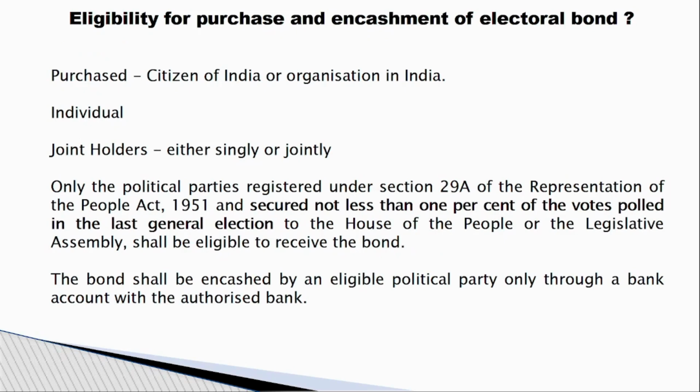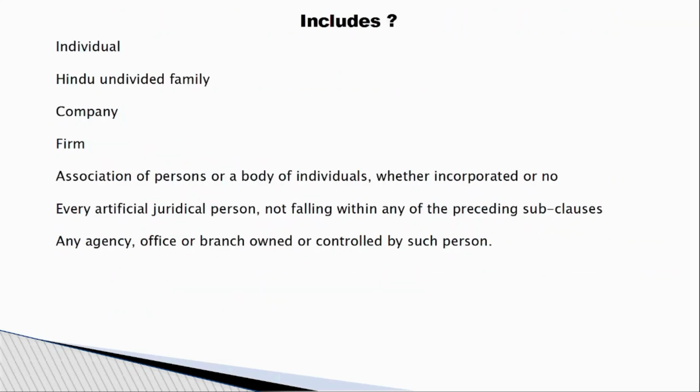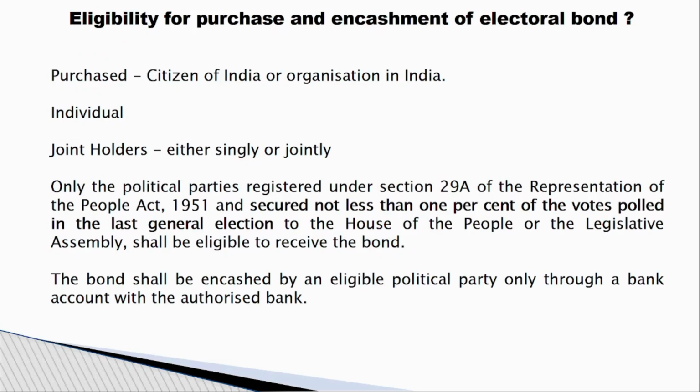So, what about the purchase and encashment of the bonds? Individuals, HUF, company, firms, associations, these people can buy the bonds, and to purchase, one should be a citizen of India or the organization should be in India only. And if you buy a bond and give it to any political party, they should have got a minimum of 1% of the votes.